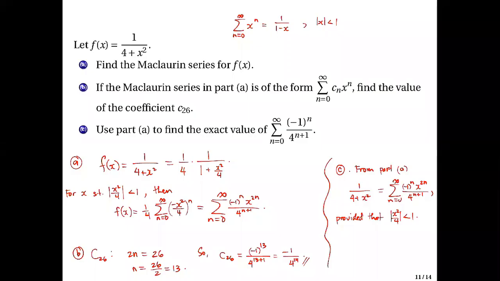So from here, we take x equals 1. Therefore, the sum of (-1)^n over 4^(n+1), from 0 to plus infinity, will be equal to 1 over 4 plus 1, which is equal to 1 over 5.